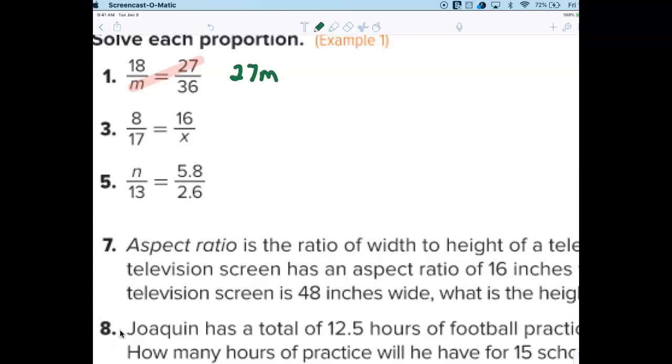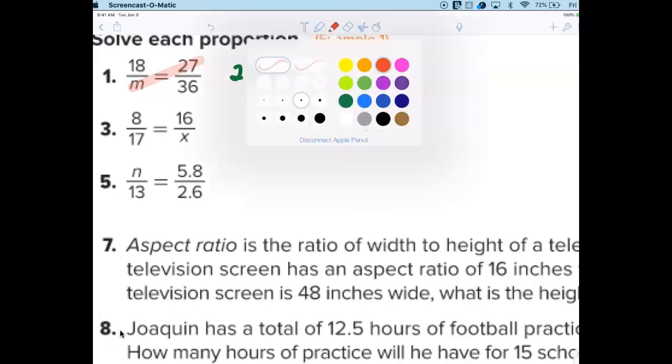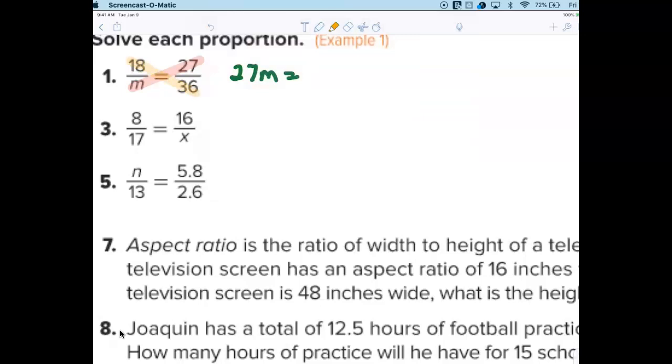Everybody's got to write that down. Now, 27m is equal to, and 18 times 36, I think, is 648.